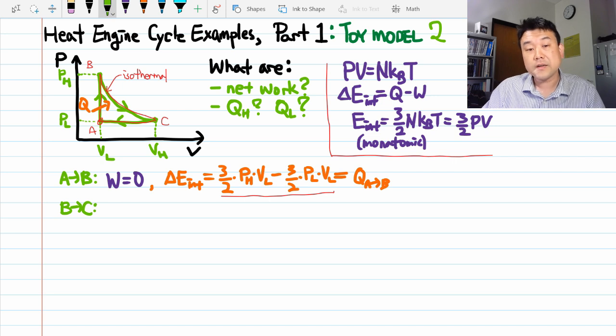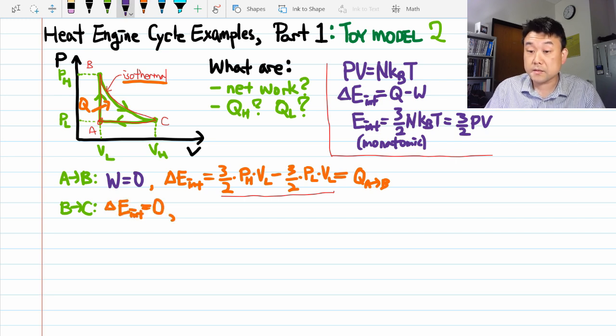Now, the thermodynamic process from B to C is interesting. So here, instead of being able to say something about work right away, we can actually say something about the internal energy change right away. If it's isothermal, that means temperature isn't changing, so internal energy is not changing.